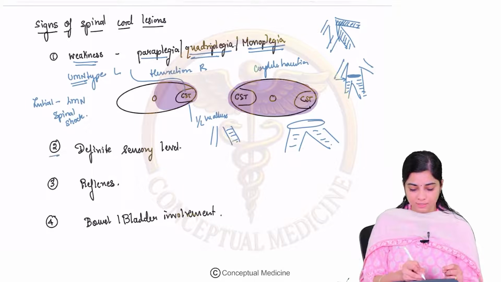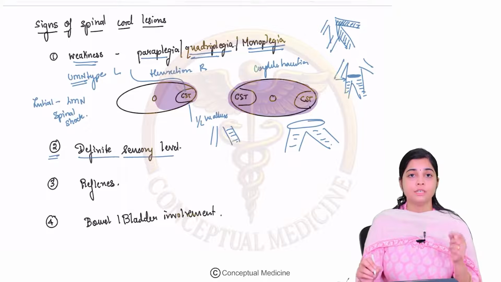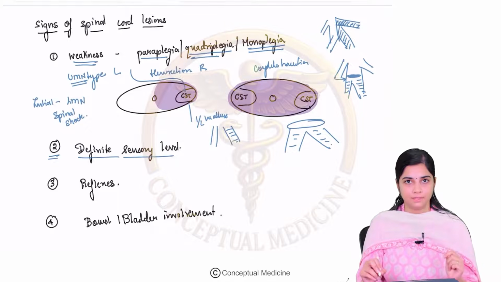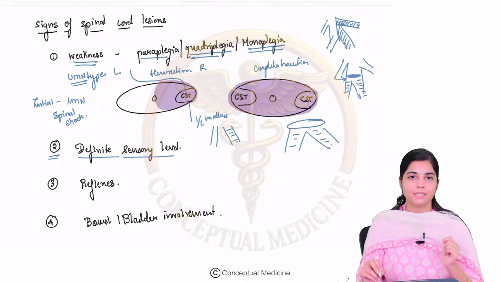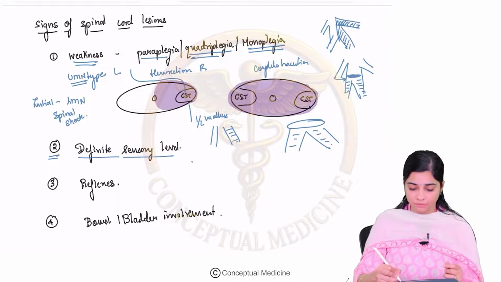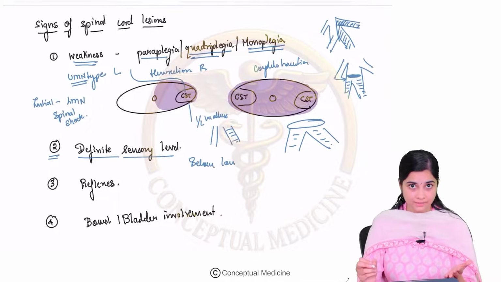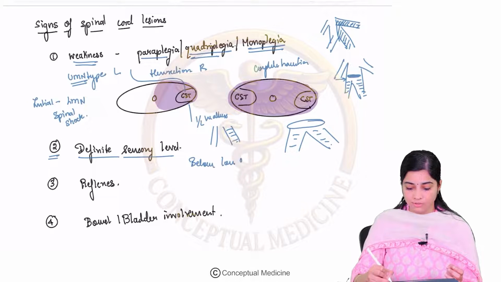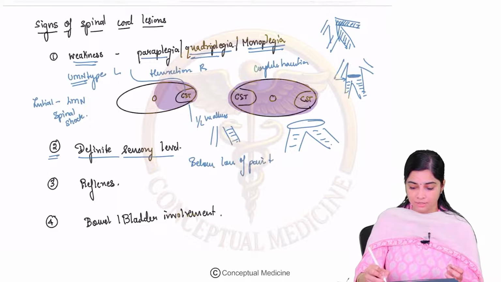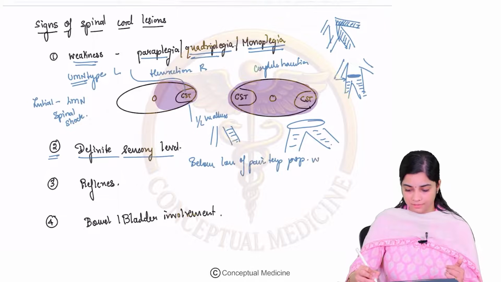The second and the most important sign is the presence of a definite sensory level. What do you mean by a definite sensory level? It means the patient himself, if he is aware of what is happening, will say that there is a level below which, in case of a complete transection, there is a loss of pain, temperature, proprioception, vibration, and weakness will be present.